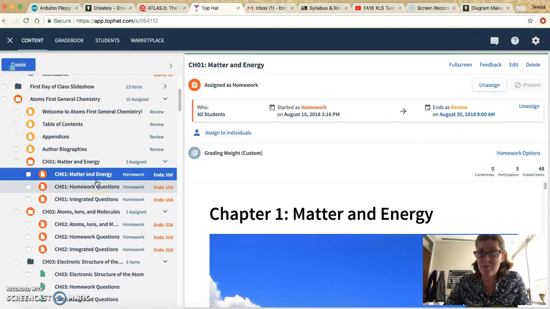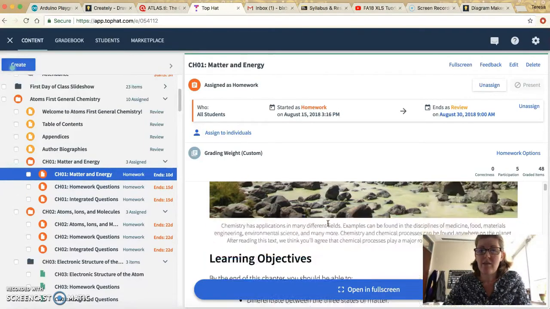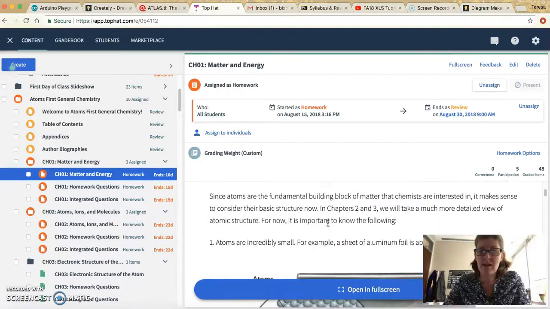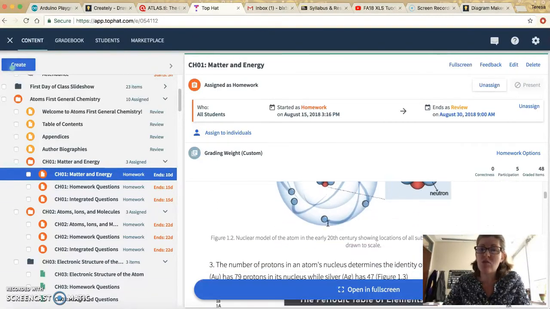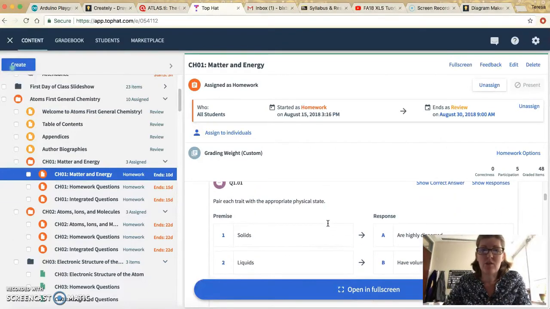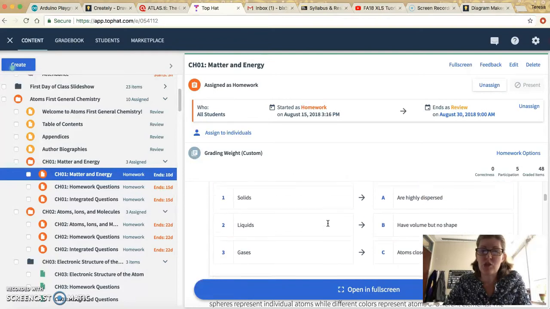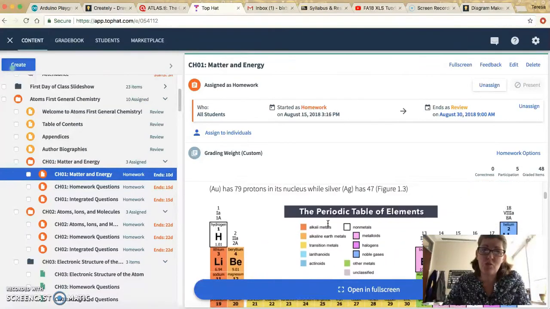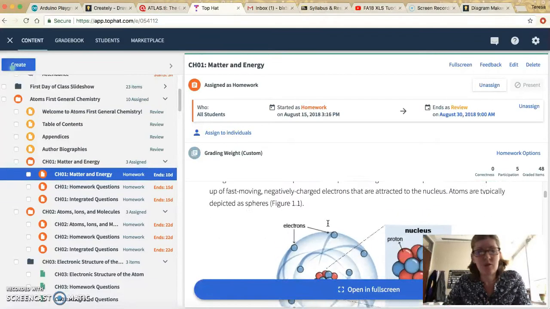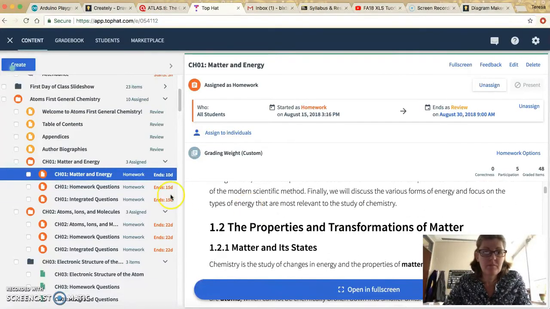There are several types of assignments throughout the chapter, and the first set is when you actually are reading the text, there are questions embedded into the text. Now those are just graded for participation, but they will be due approximately in the middle of the chapter. The first chapter is pretty short, and so it's going to be due probably Wednesday of the first week. Okay, so I just wanted to give you a heads up on that.